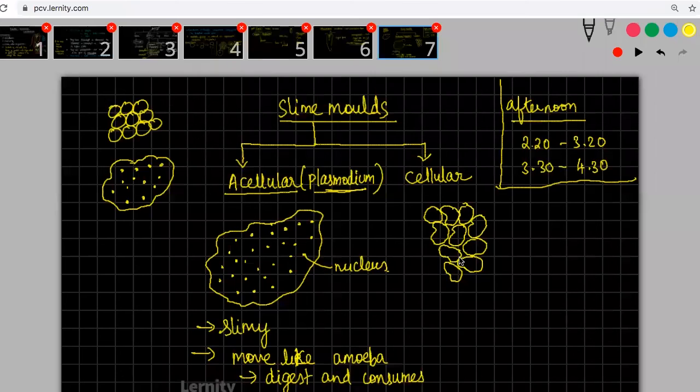So this is how the cellular thing is there. If they are photosynthetic, they would not be called slime molds. Whenever we are talking about slime molds, we are talking about unicellular organisms that are saprotrophic.